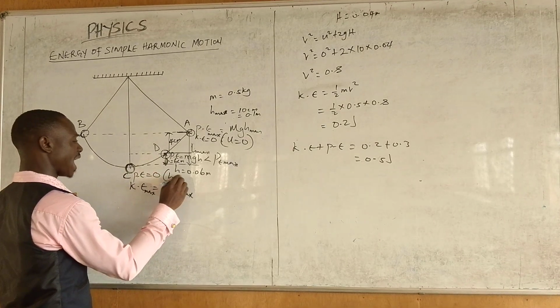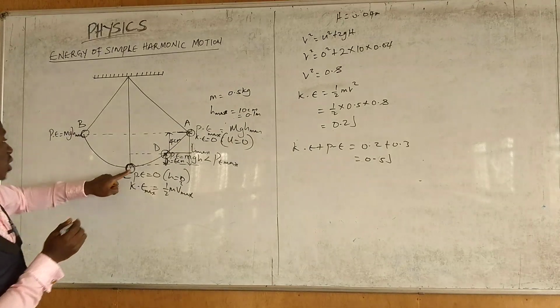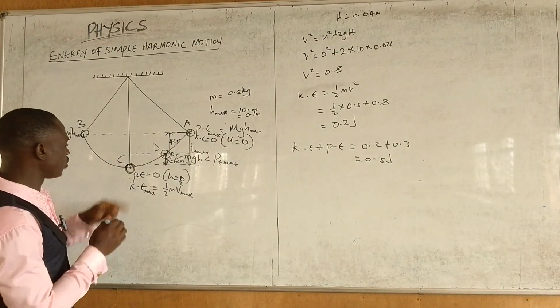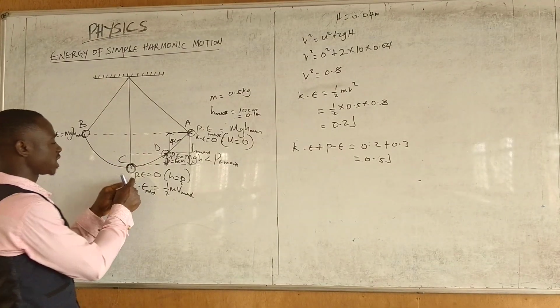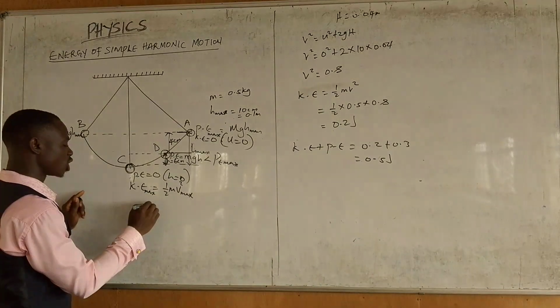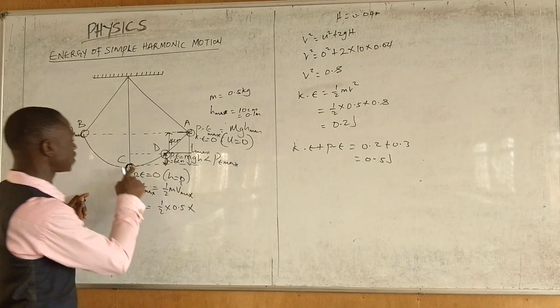Because h is equal to 0 at point C. There's no height, because this is our reference point. Our reference point is this center C. Since the ball has not been raised to any height from here, the potential energy is equal to 0, while the kinetic energy is half times 0.5 times... So let's find our height here.